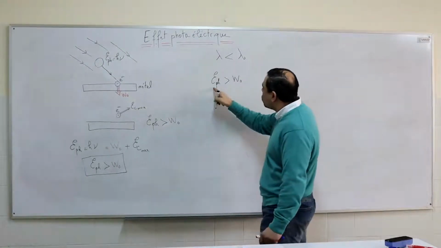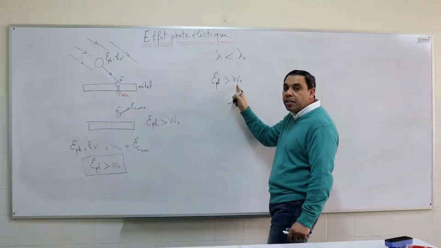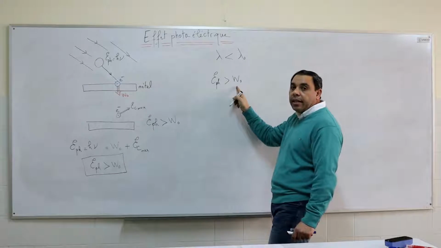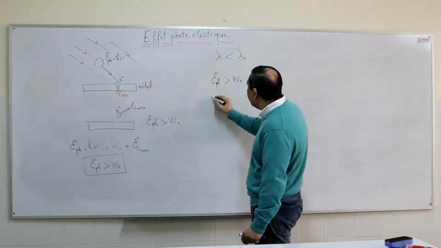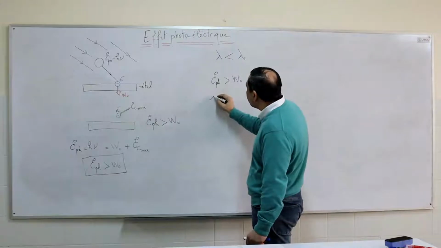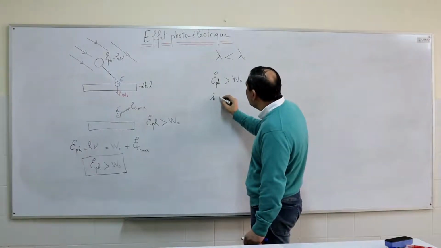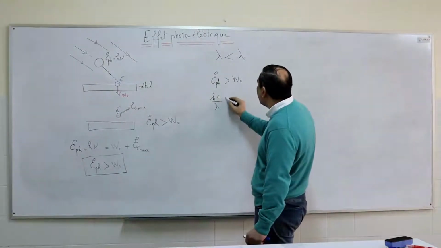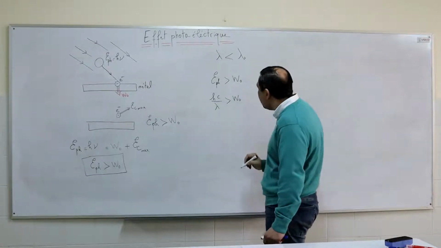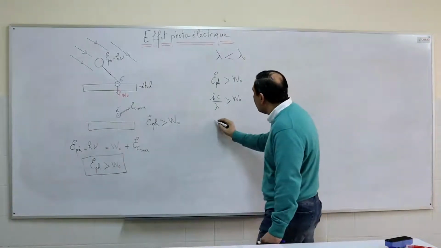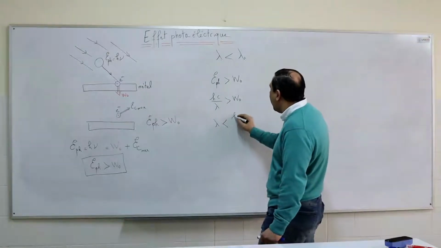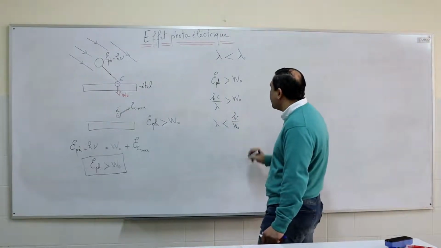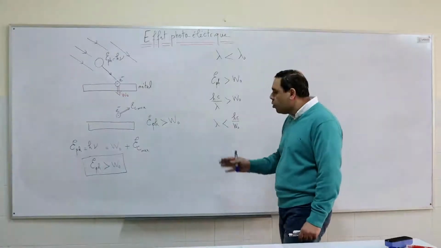When the energy of the photon is greater than the extraction energy of the metal, the photoelectric effect will occur. So hc over lambda has to be greater than W0. We notice that lambda should be less than hc over W0.